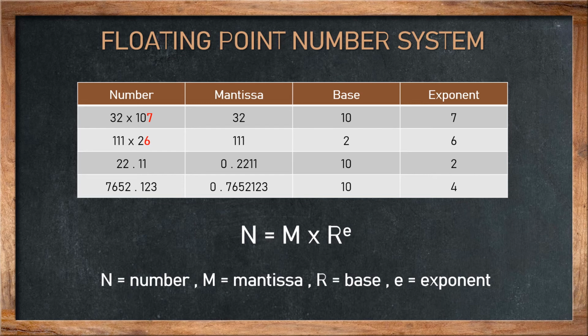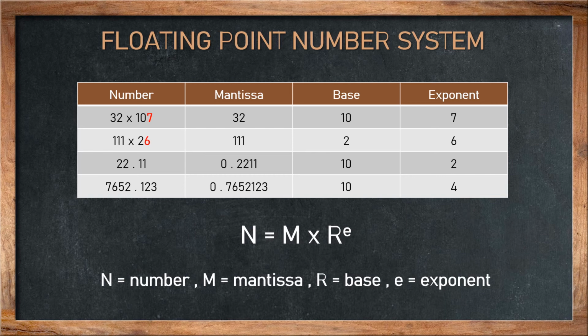Okay, then we have the second number, 111 multiplied by 2 raised to 6. So 111 is my mantissa, 2 is the base and 6 is the exponent, right? Okay, now see this 22.11. Nothing has been mentioned over here, which means it is not in the actual format which we need. Which format do we need? We always need m multiplied by r raised to e, but this number is not in that format.